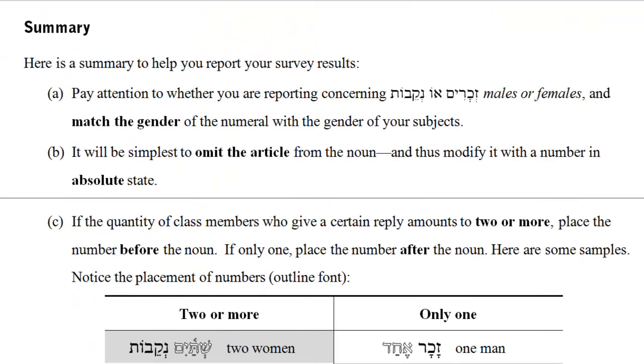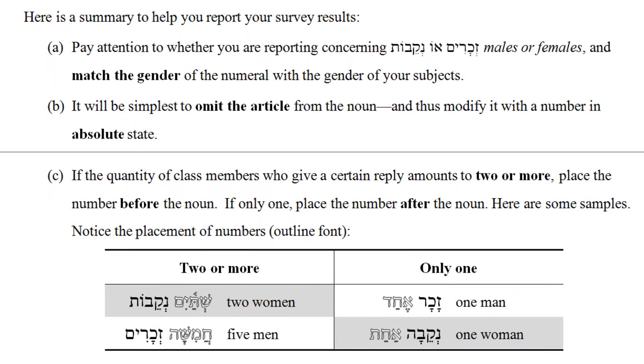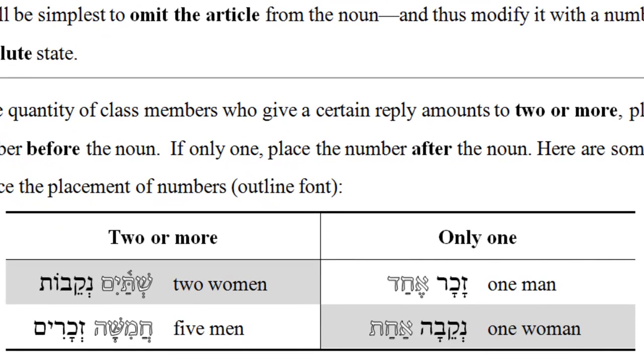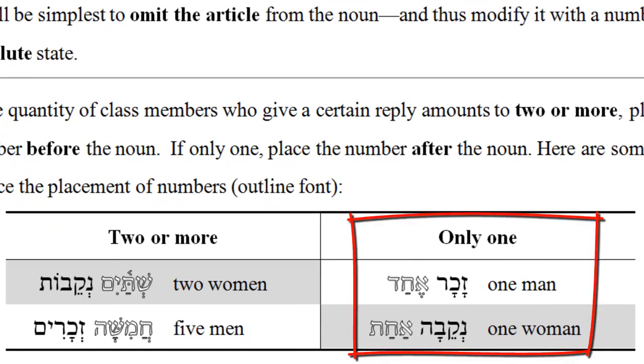In the summary, point A, notice that zecharim means males and nekevot means females. Notice the sample patterns given in letter C. If your tally consists of only one person, if male, then zachar echad.